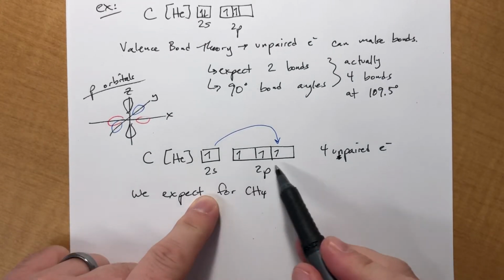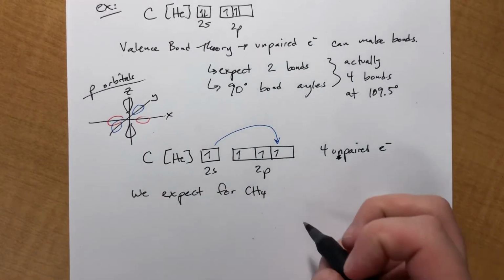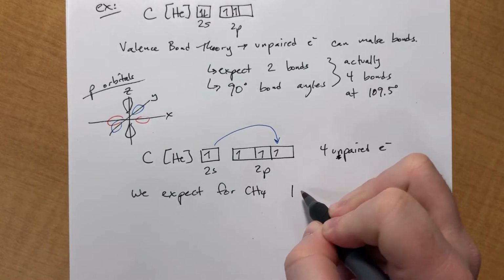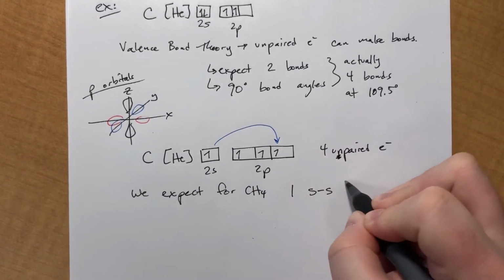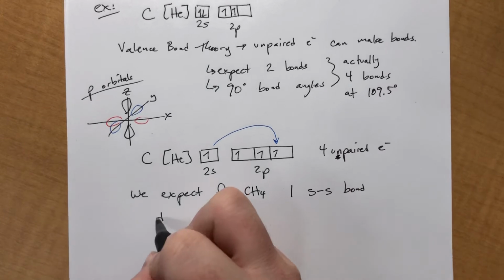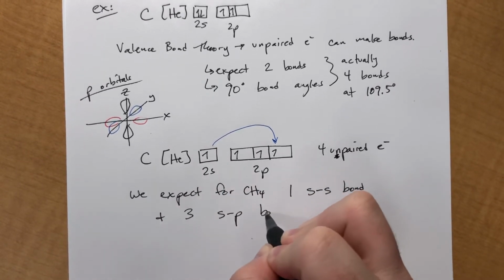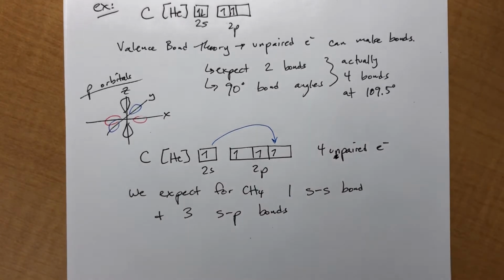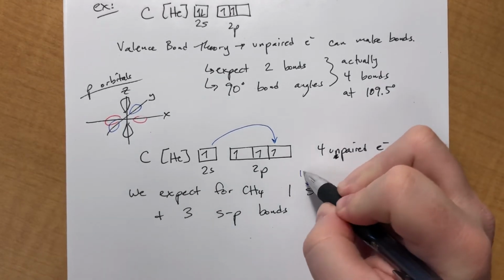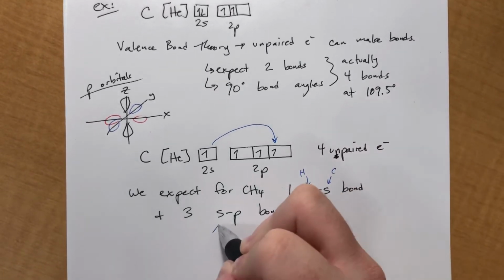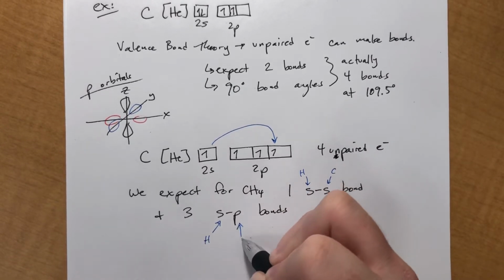And this has an s and 3 p's. We'd expect 1 s to s bond and 3 s to p bonds. So this is from hydrogen, this is from a carbon. I guess I'll label everything hydrogen, carbon.